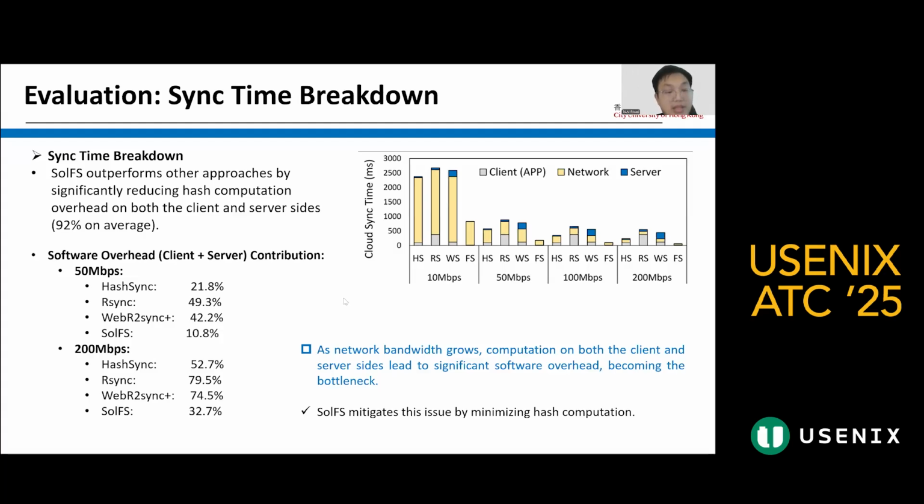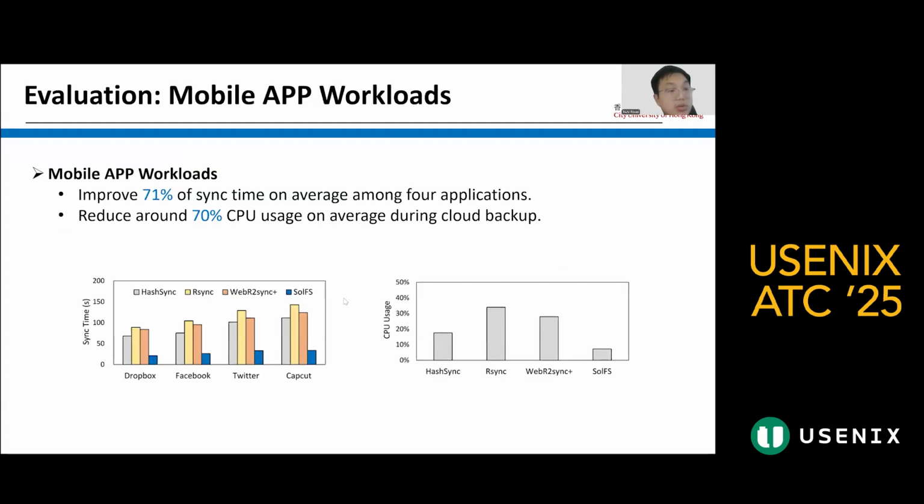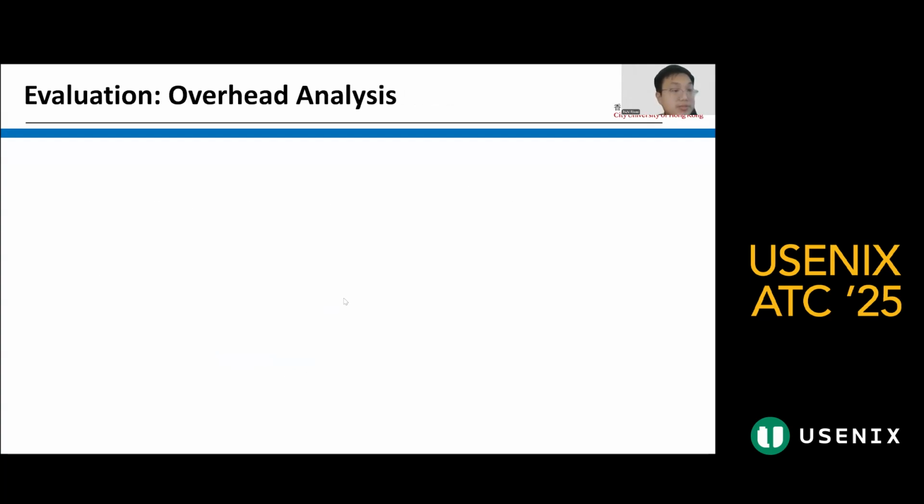So SolFS mitigates this issue by minimizing the hash computation. For the mobile application workload, it improves 70% of the sync time and 70% of CPU usage. So it works for practical workloads.